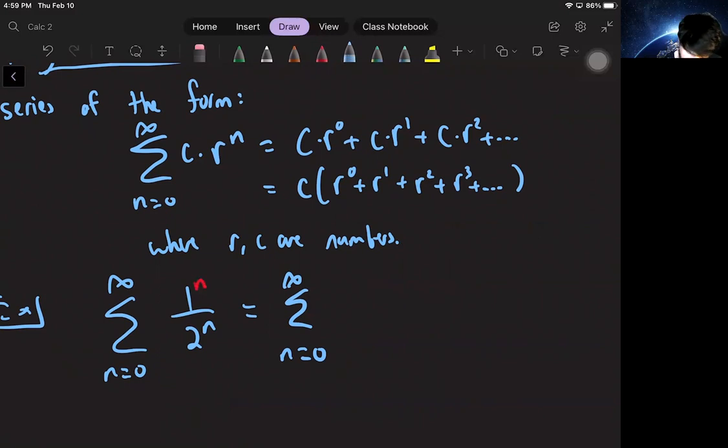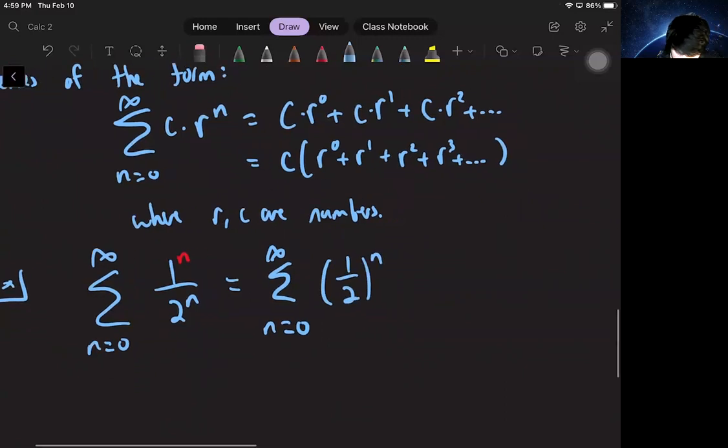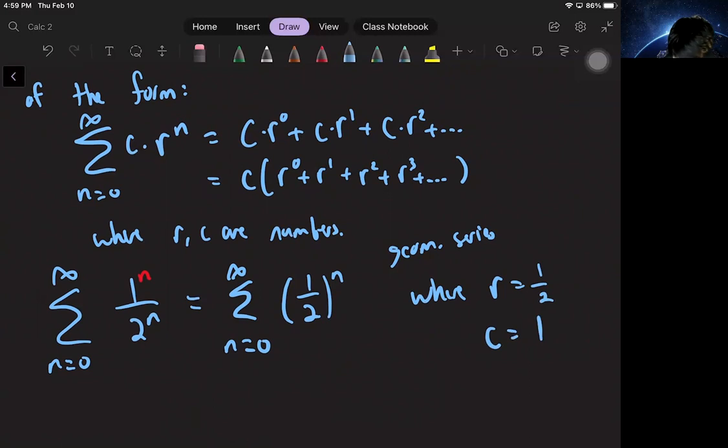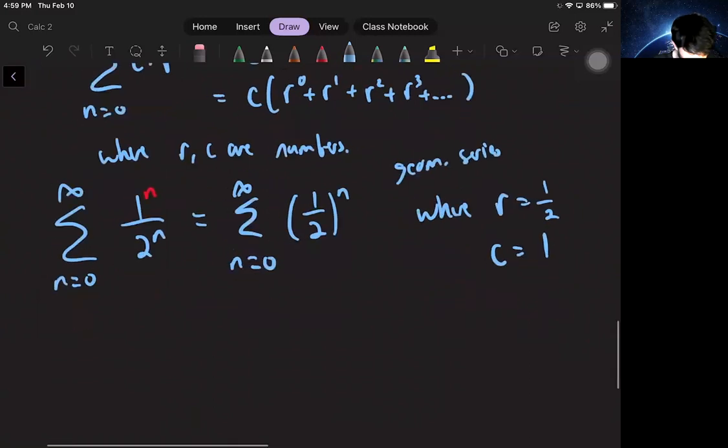Those are the same because 1 times itself a bunch of times is still going to be 1. So then what you can do is take out the nth power and write it like that. And so now it's a geometric series where r is 1/2 and c is just 1. There's an invisible 1 there that you never write when you're multiplying by 1, but it's there.